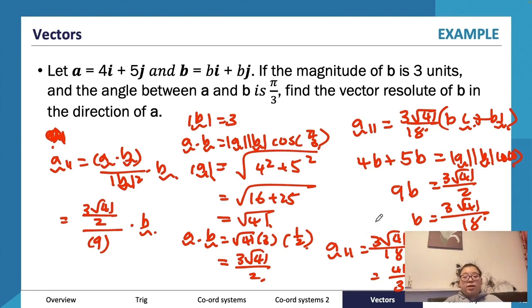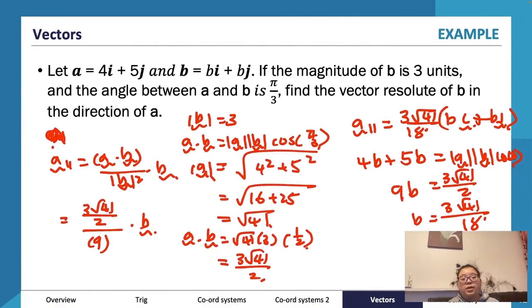Cool. Oh, I keep on doing that. I'm so sorry, guys. I'll just rewrite that bit. Let's rewrite that bit.